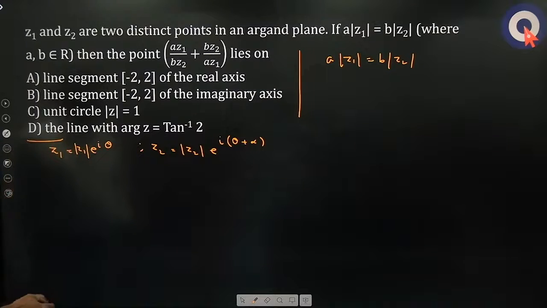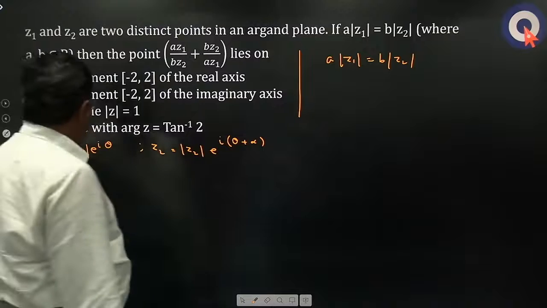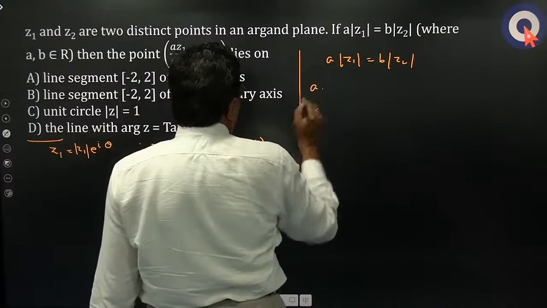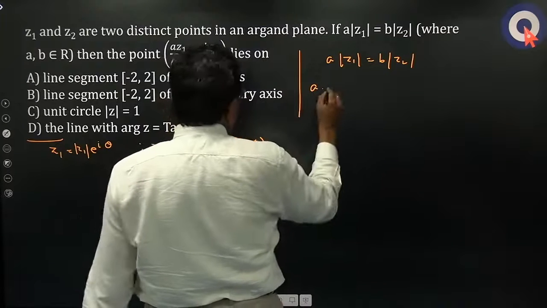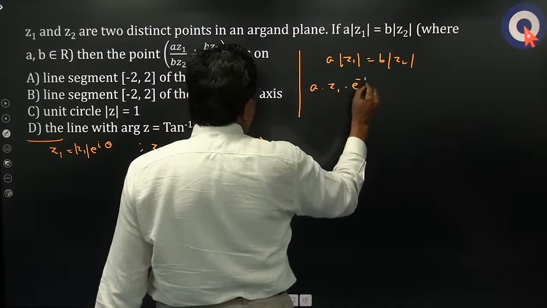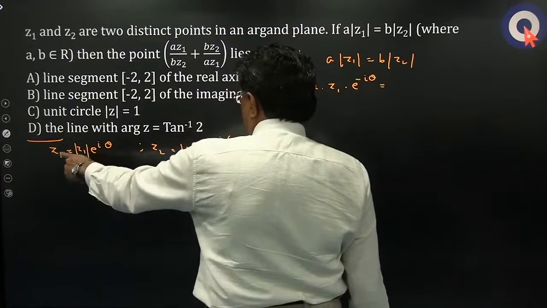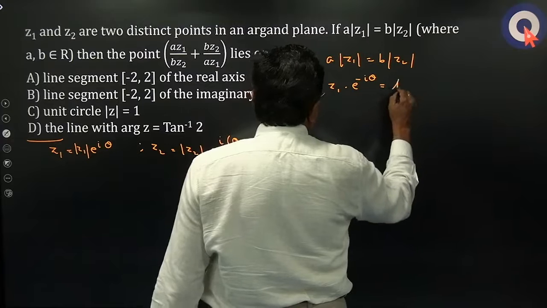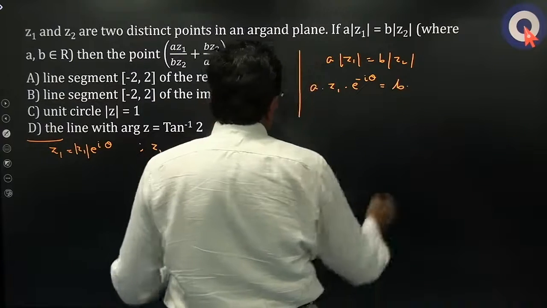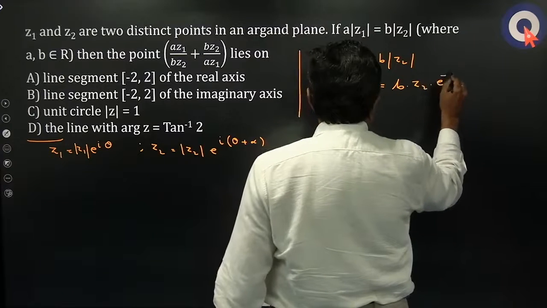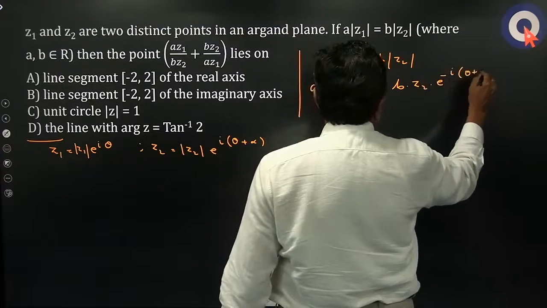So A into mod Z1 is equal to B into mod Z2. So from this, A into mod Z1 is Z1 into e power minus i theta, and B into mod Z2 is Z2 into e power minus i theta plus alpha, right.